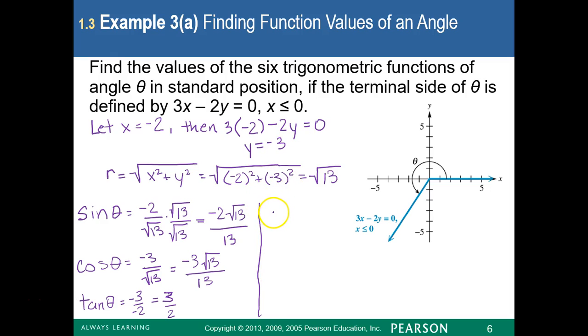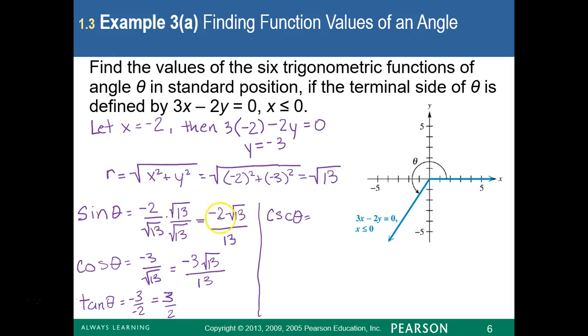So sine goes with cosecant, and that is equal to, now don't flip this value over here. You are going to want to flip this value over here, what you started with. Sine is equal to negative 2 over the square root of 3.